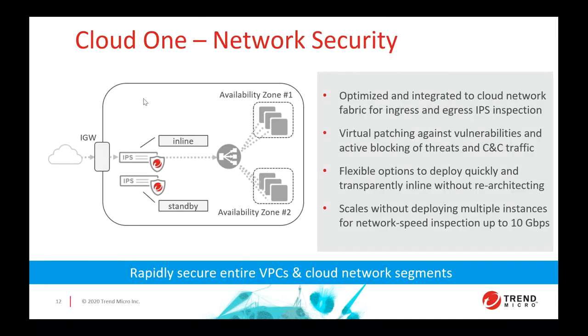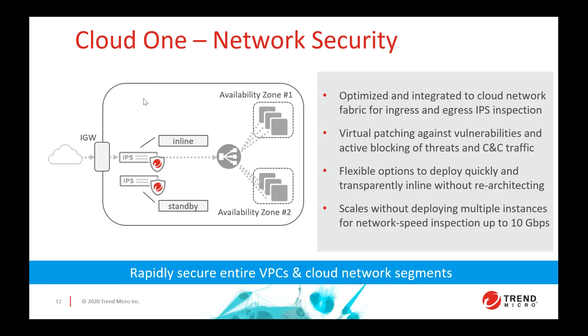So what is meant by Cloud One network security? As I said earlier, you can assume it like a TippingPoint on the cloud. So it can provide the IPS at the perimeter level, either inline or standby mode are available. The active-passive deployment can be done, and it can provide you the virtual patching against vulnerabilities and everything.